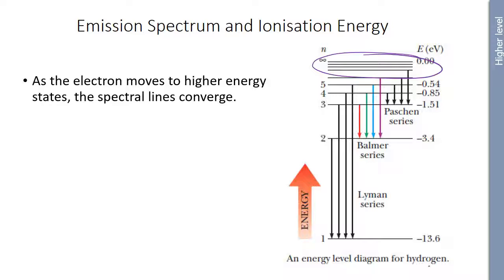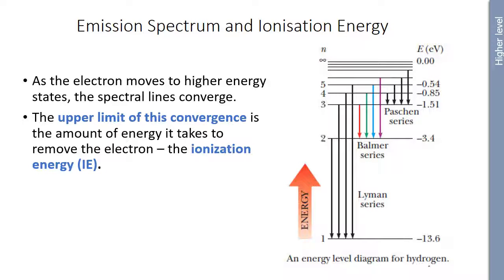The distances between the energy levels are getting less and less. So the upper limit of this convergence, when n equals infinity, is the amount of energy it takes to remove this 1 electron from the atom to form the ion, and this is known as the ionization energy.